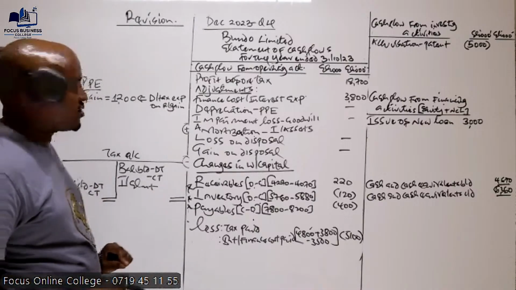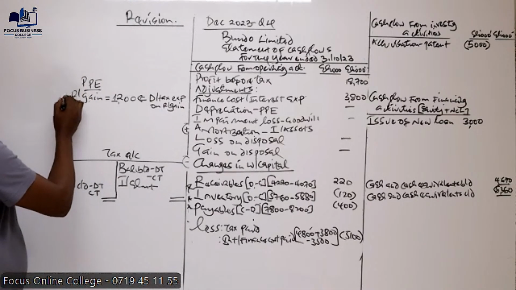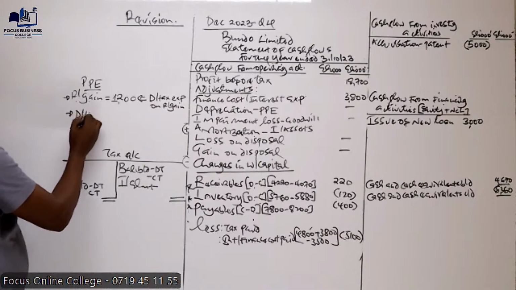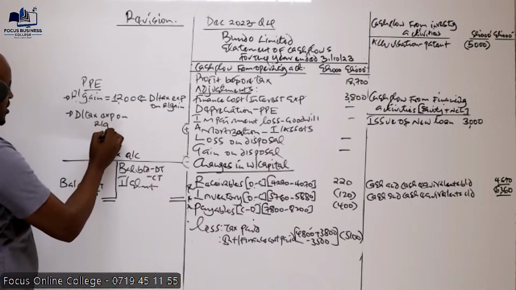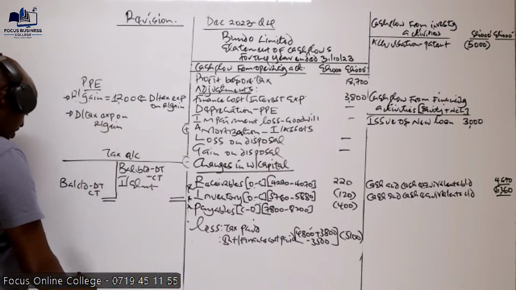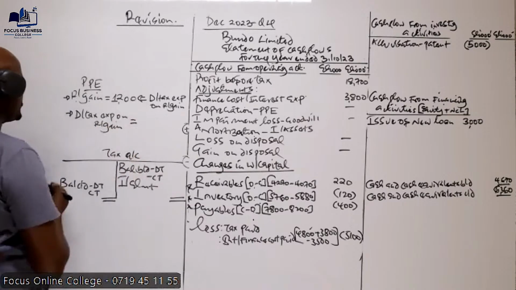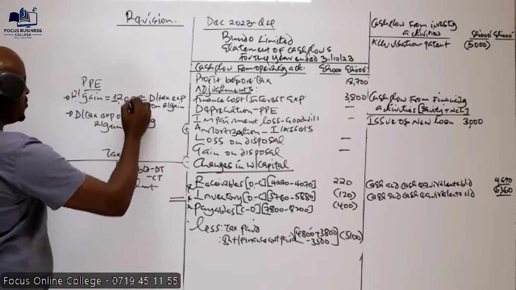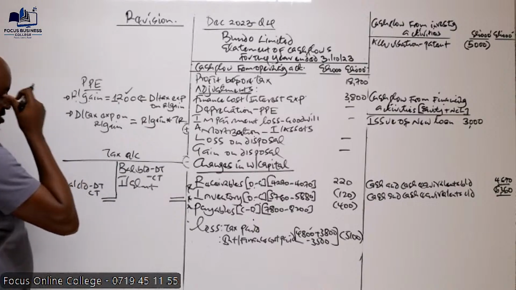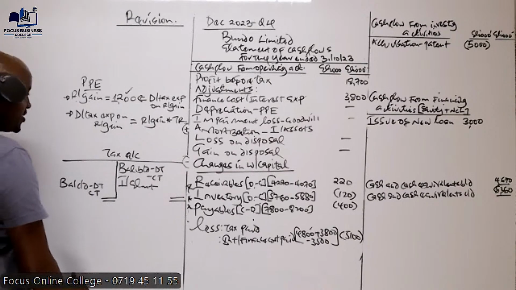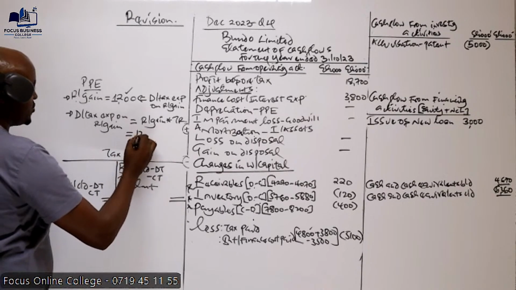This is something we discussed in detail in the topic of deferred taxes, if you check the questions we did. So to compute this deferred tax expense on revaluation gain, we take the revaluation gain, which we have here, and we multiply that with the tax rate. The revaluation gain is 1,200.